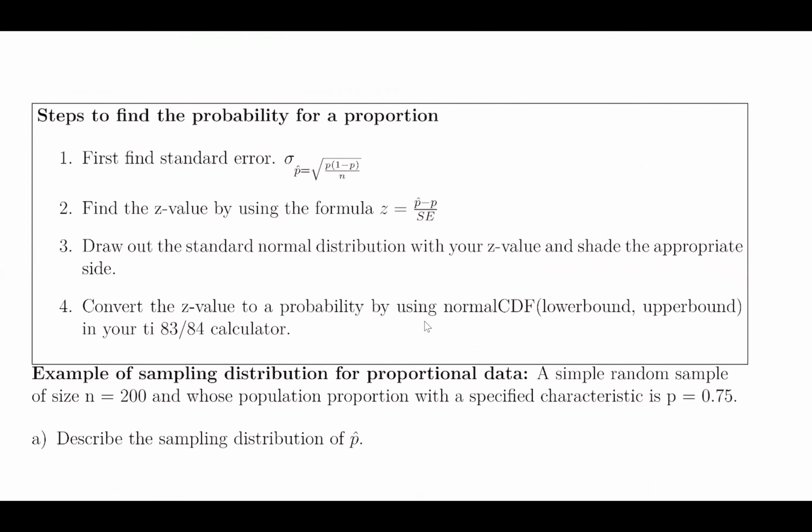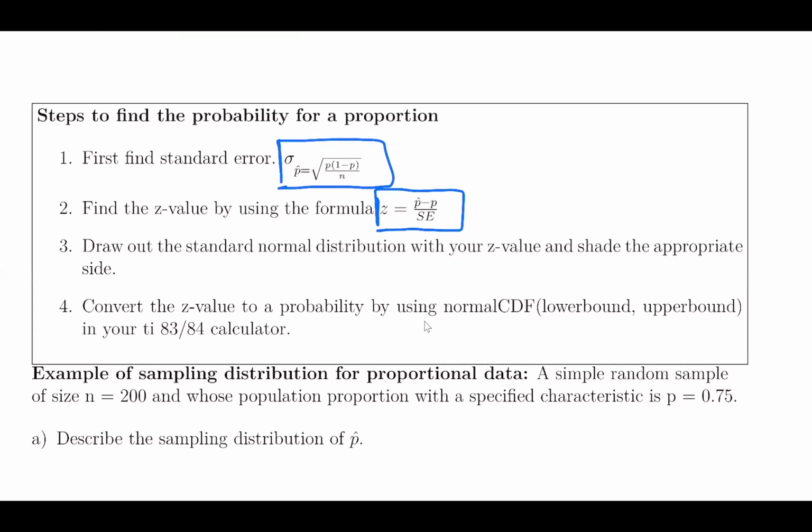All right, so we're going to get into how to find the probability for a proportion. The first thing you want to do is find the standard error. Then you want to find the z-score using this formula: p hat minus p, and then you divide by the standard error.